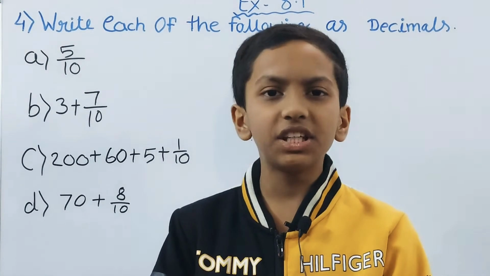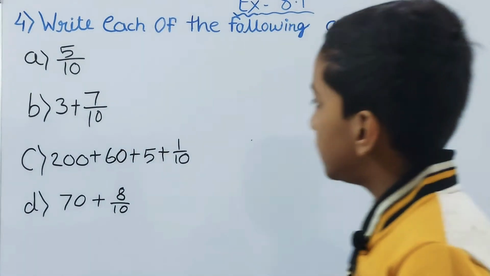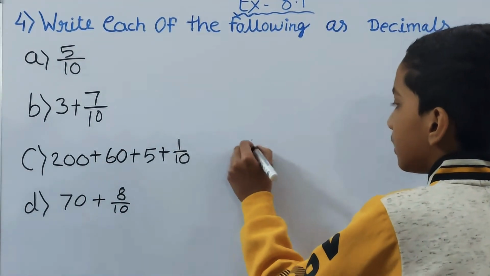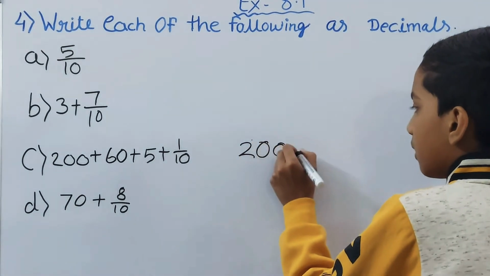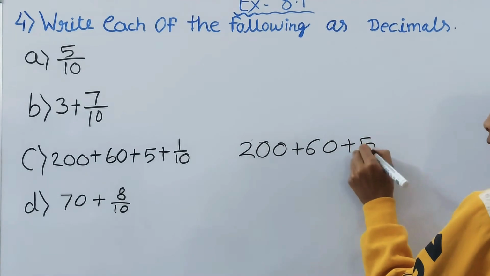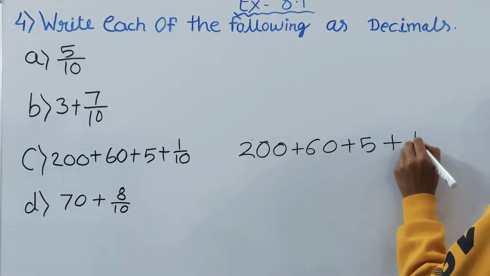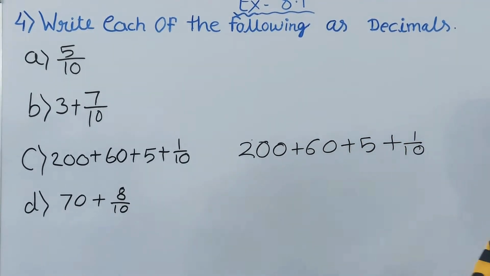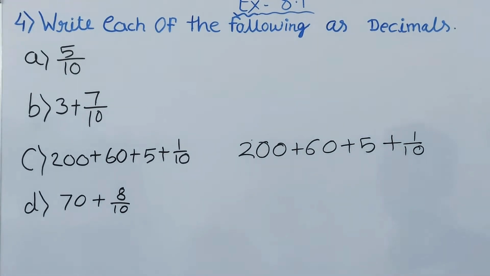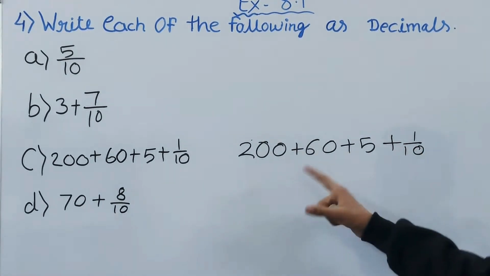Now let's see the C part. This C part is 200 plus 60 plus 5 plus 1 upon 10. So how will we solve this? Over here also, first you can simplify.